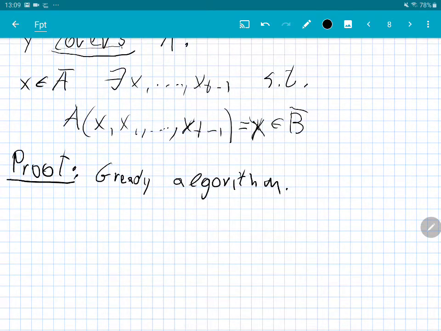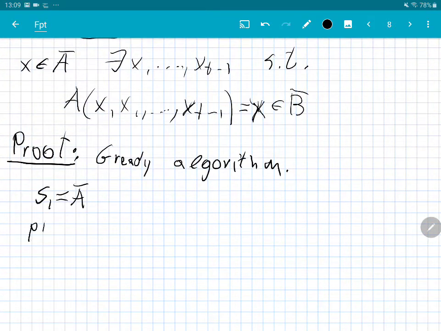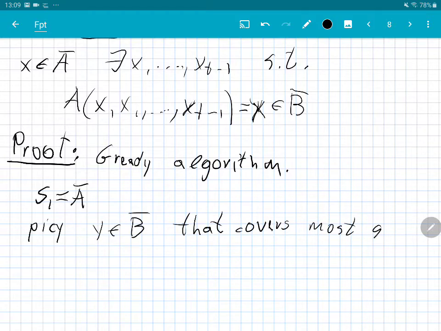We start, let S1 be not A. And now we are going to pick Y in not B that covers the most strings in S1. Let's call it X1, you know what, just to be consistent, let me call it Y1. We pick the string that covers the most in S1. And now we repeat the process.